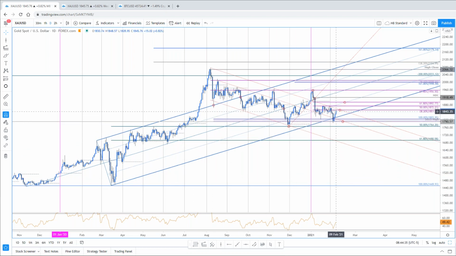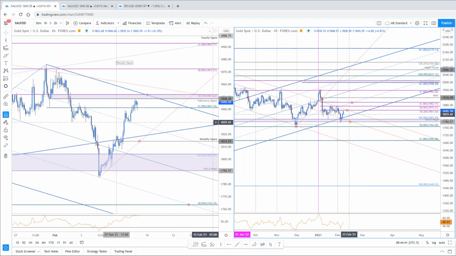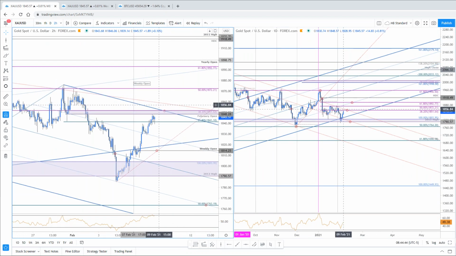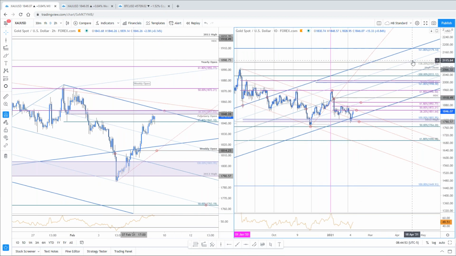So the magnitude of this bounce, if we do clear this parallel, if we do clear the upside of, you know, 1850, this trend line right here, 1858, you're looking at straight breakout, and that could be a resumptive move for the trade for gold.